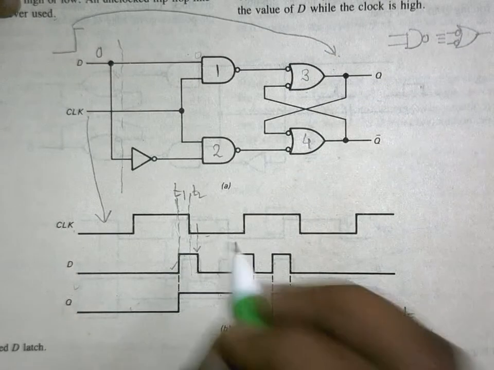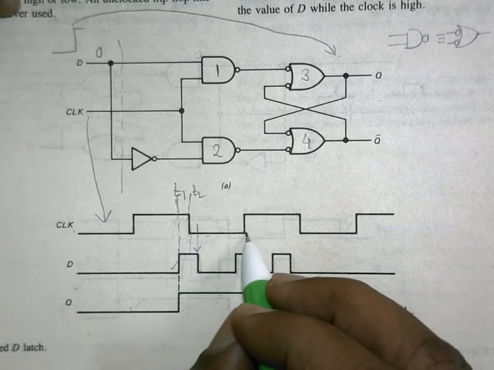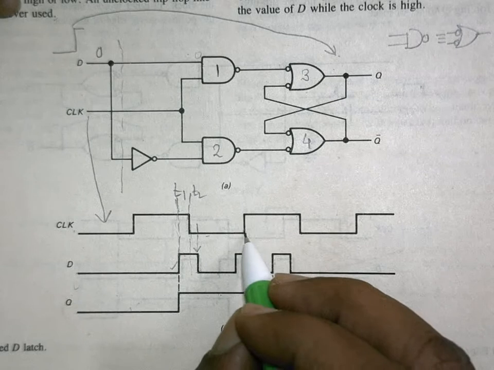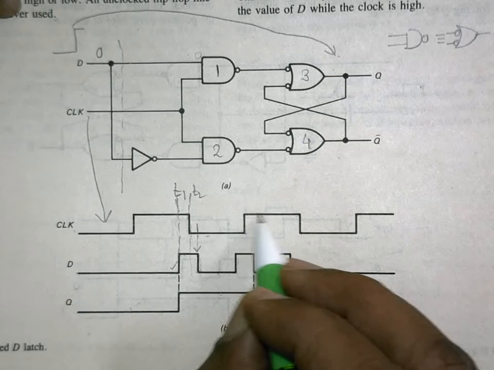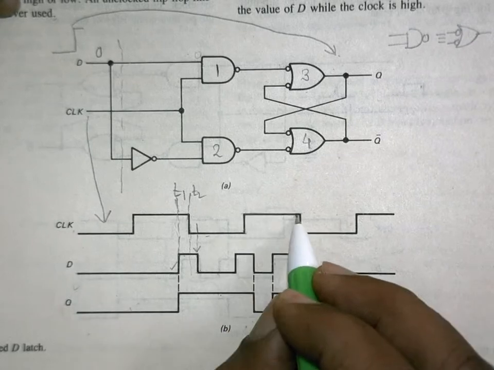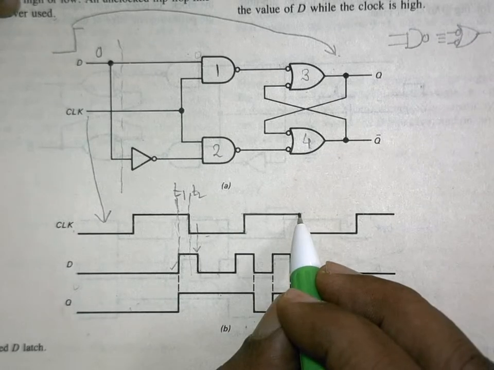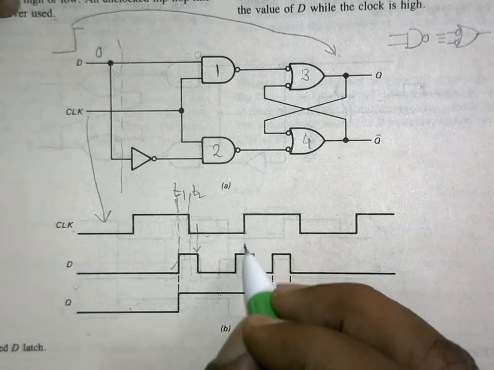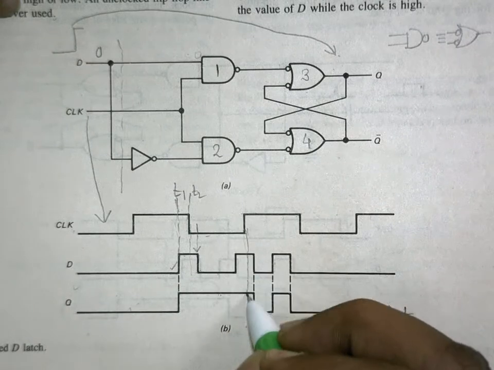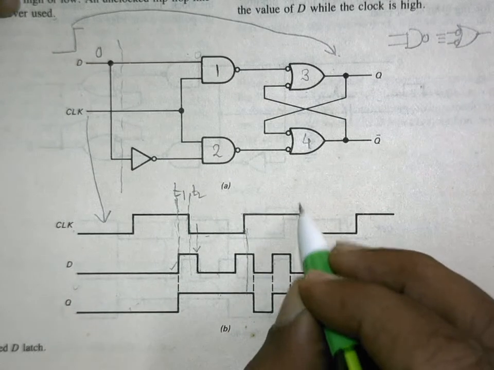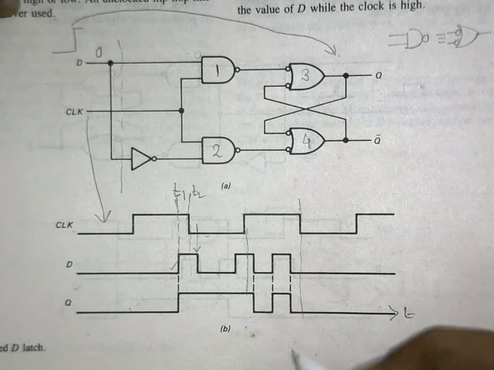Now you see, any change in the input will be entertained only in this high level, only during the high level. And whatever change occurs in this duration, that is entertained to appear at the output.